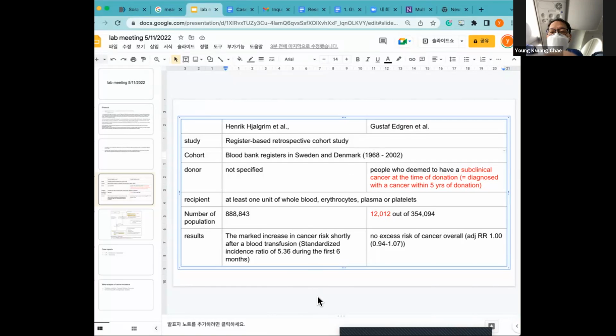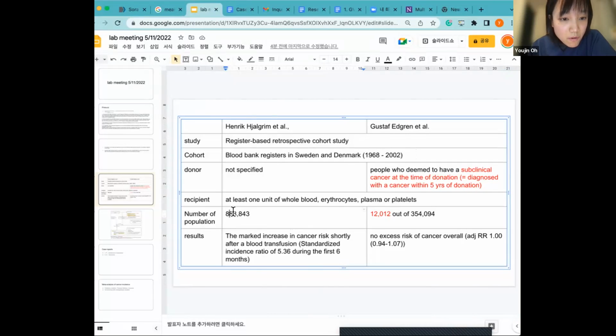Increase in cancer is usually after. So how is this possible? Same cohort but different result? Yeah, because they only focused on, you know, the original paper covered over how many is it? 888,000 people and recipients, but the other paper only focused on 10,000 people who received blood from possible subclinical cancer donors.